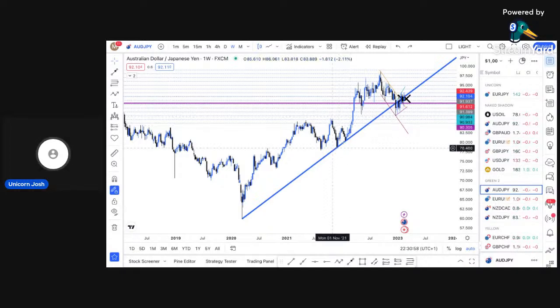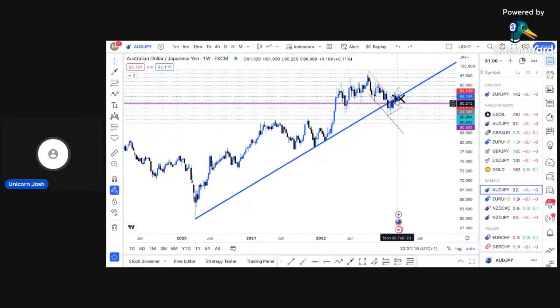From what I'm seeing here, this has already broken structure. It has broken the trend line, it has broken the previous swing point, the previous lower high. So it is most likely a change of character.